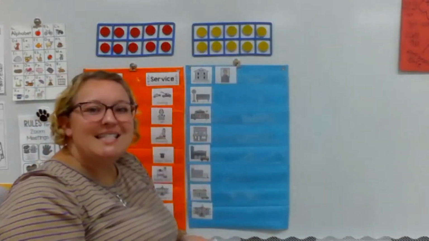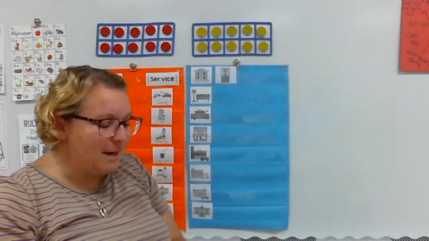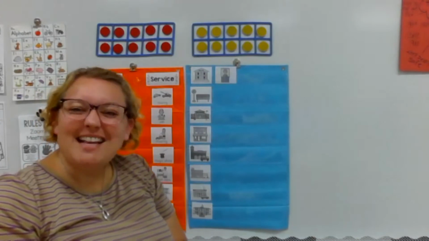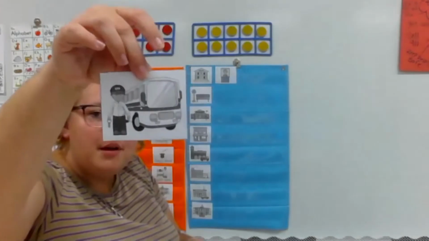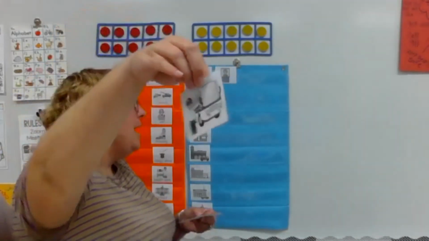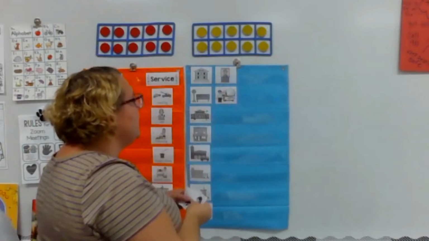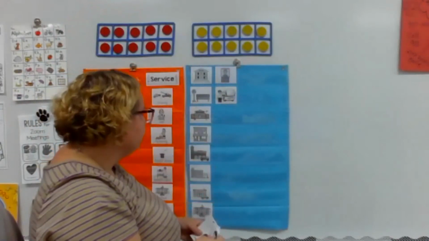What about at the bus stop? What kind of service would you be getting at the bus stop? Yeah, exactly. You're going to have a bus driver pick you up to take you on the bus. Okay, so the bus driver is the person that provides the service for a bus station.